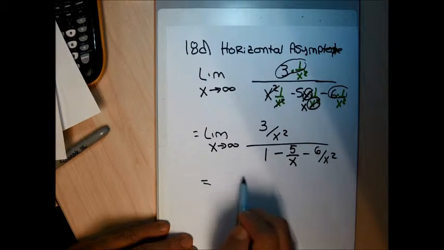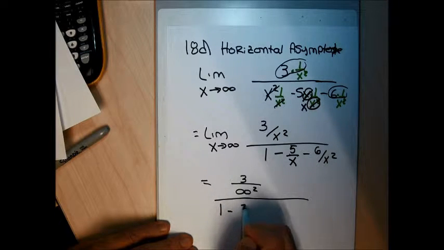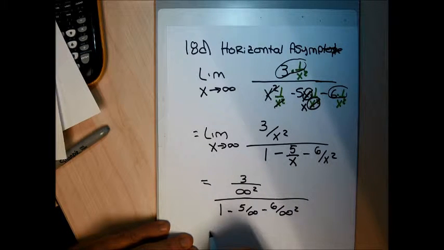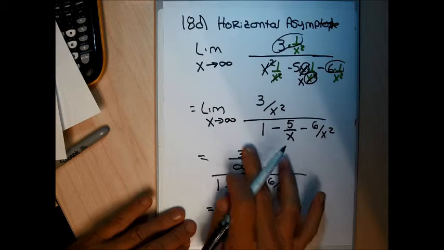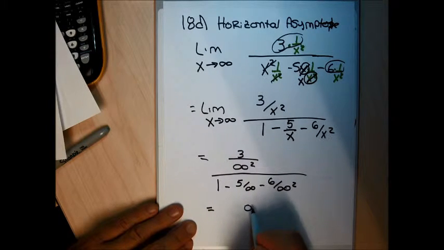When I plug infinity in, I no longer write the word limit. So the numerator is going to be 3 over infinity squared. The denominator is 1 minus 5 over infinity minus 6 over infinity squared. And all the pieces that have an integer in the numerator and an infinity or some power of infinity in the denominator turn to 0.